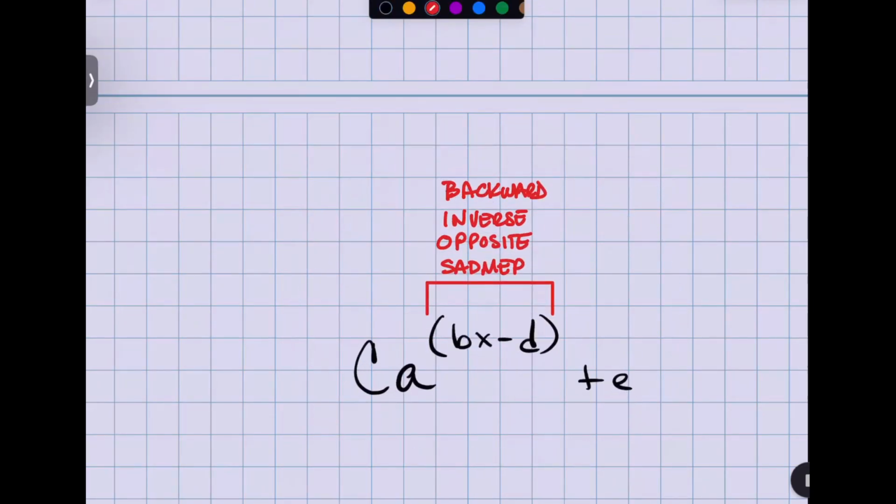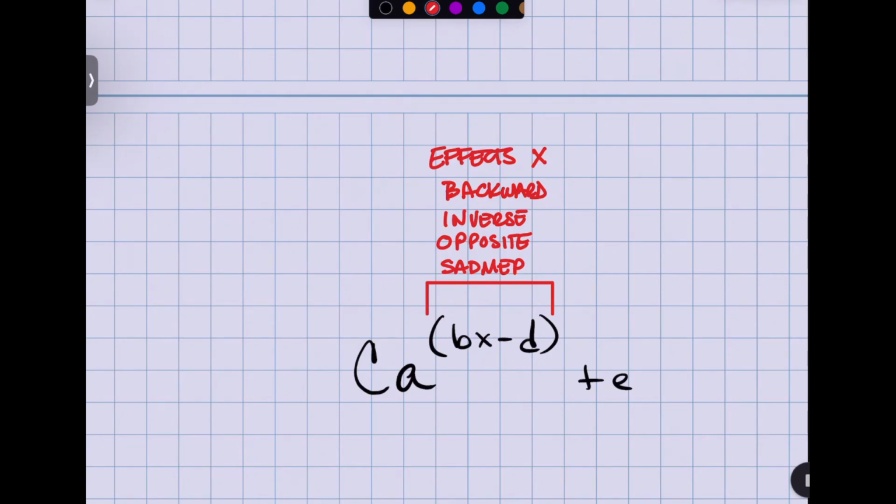The X value. Okay? So that means the D is a shift left to right. If it says minus D, that means I add D. That means I'm shifting to the right. And plus D means I'm shifting to the left.